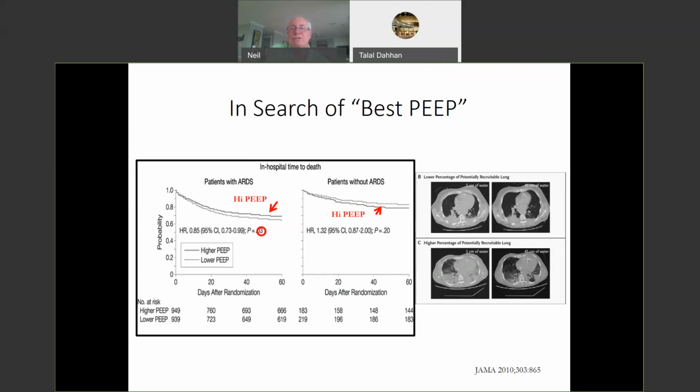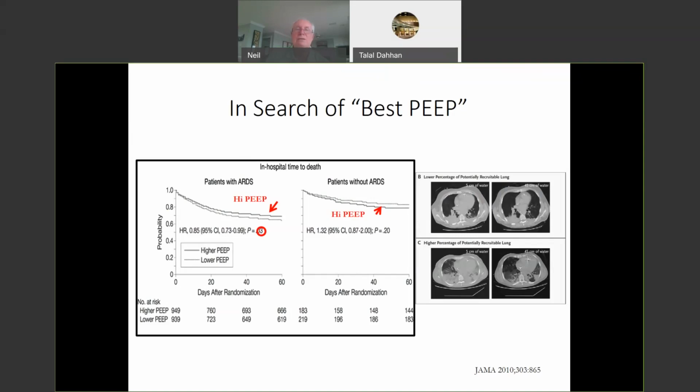But the opposite is true with our lung that has extensive injury, the one on the bottom, where the beneficial effects of lung recruitment and preventing de-recruitment by PEEP outweigh the potential harm in over-distending the healthier regions of the lung. So at least today, I think it's reasonable to think of your sicker patients needing the higher PEEP table and your not so sick patients needing the lower table.